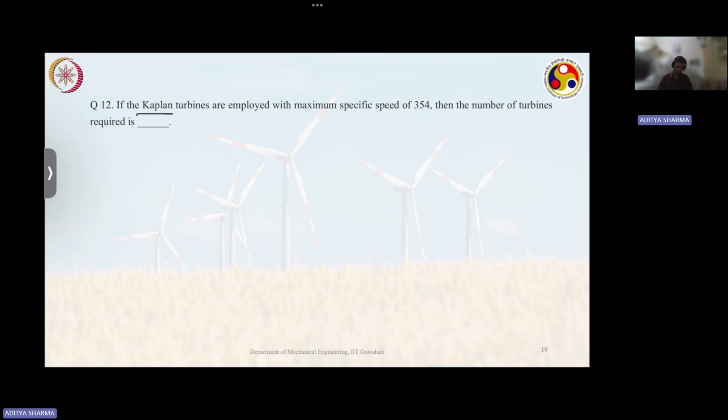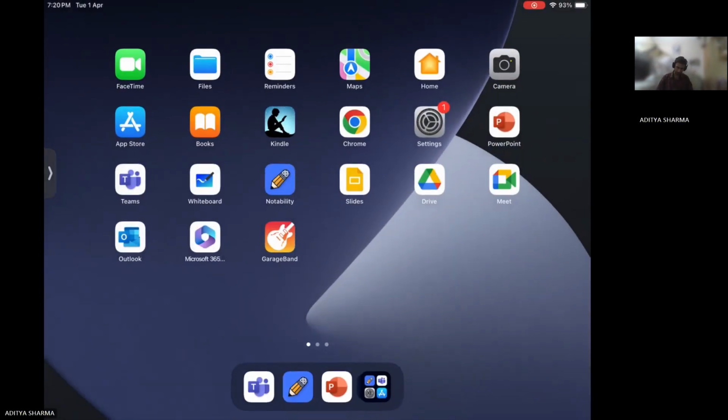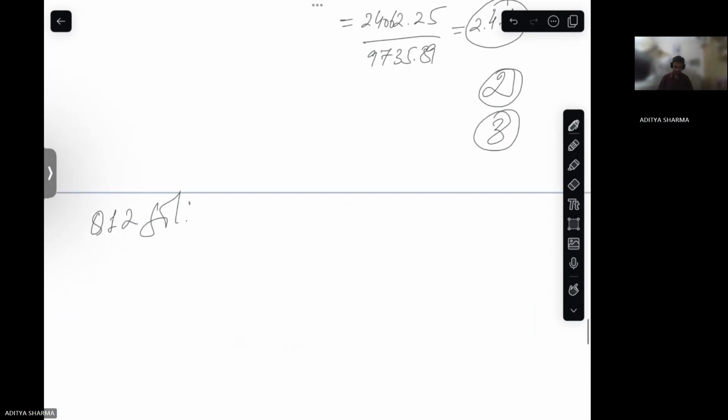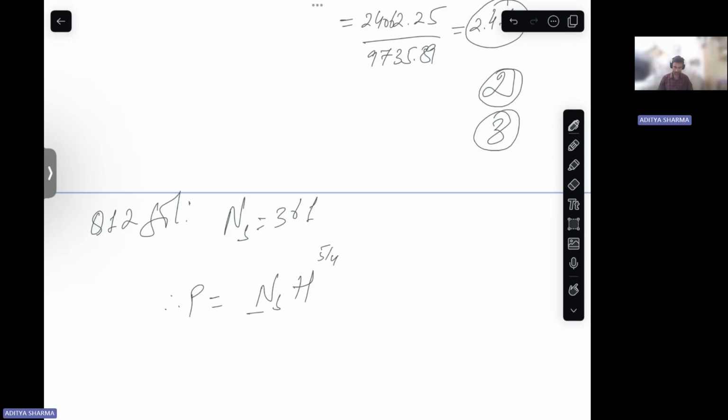Then for your Kaplan turbine, specific speed is given. NS is 361. So P is your NS H to the power 5 by 4 divided by N square.